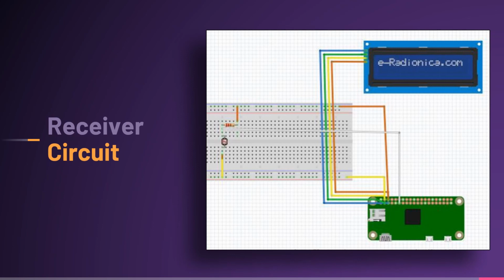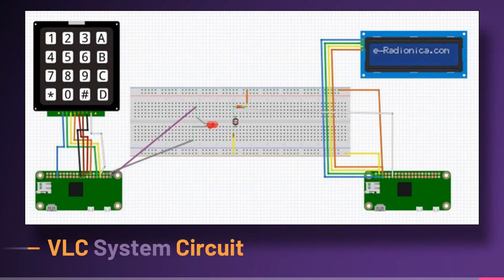These pulses are received by the Raspberry Pi, which converts them into the real data and displays it on the LCD screen. The full system of visible light communication is shown in the figure. The system is simulated in Proteus software, and it shows both circuits, the transmitter and the receiver of the system.